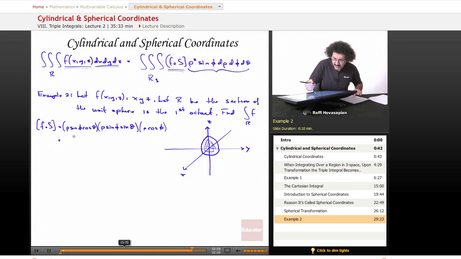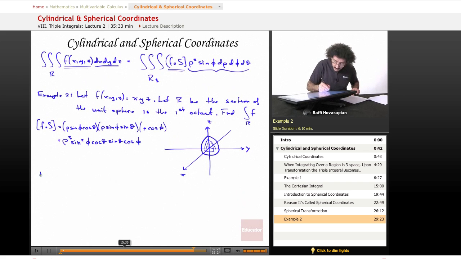And I want to simplify as much as possible, so I end up with rho cubed sine squared phi cosine theta sine theta cosine phi. Okay, looks complicated, but it's easily handleable.